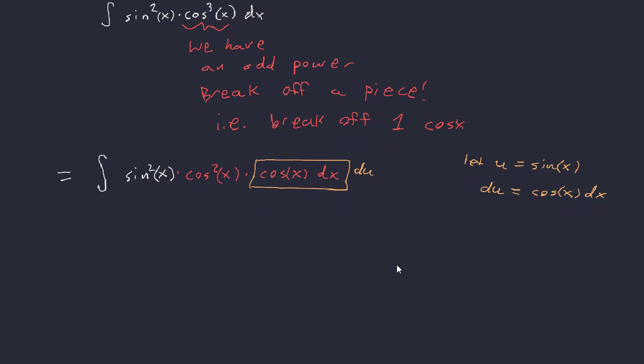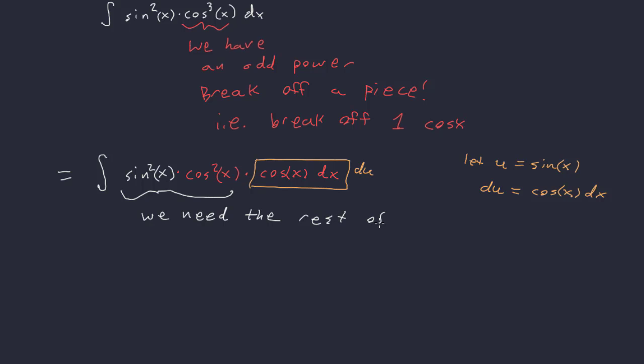And then from there, and this is the part I think that makes this tricky for some people, after that we need the rest of the integral to be only in terms of sine of x.